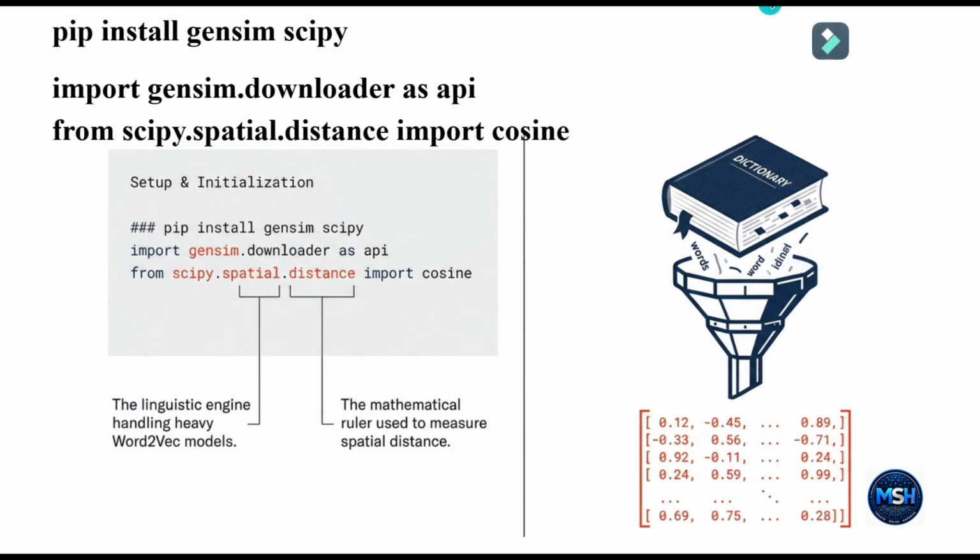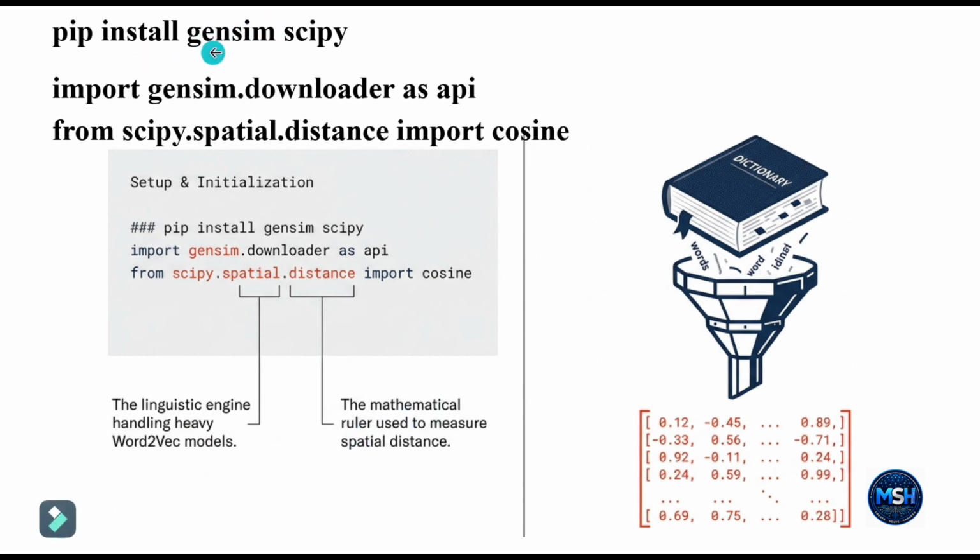Okay, first, before starting the program, we install the required libraries. The program 1 contains a word2vec module, and gensim contains different modules. So we install gensim.